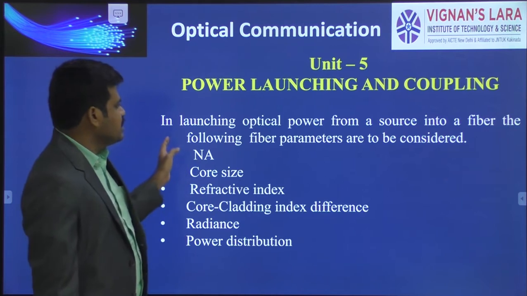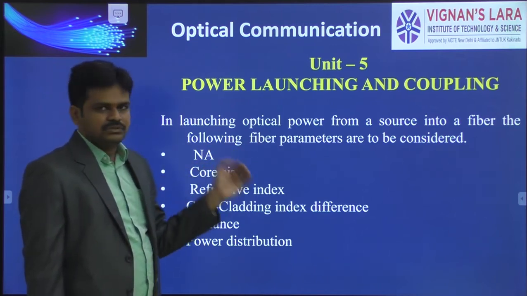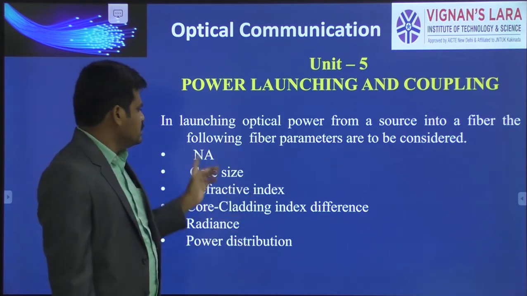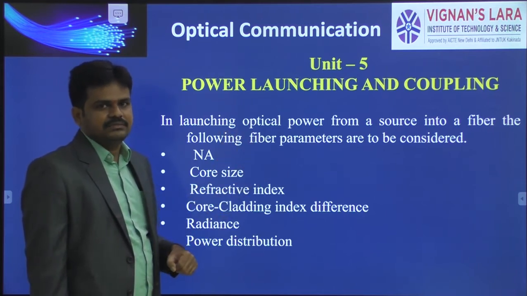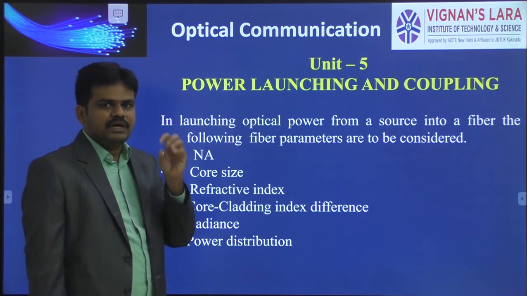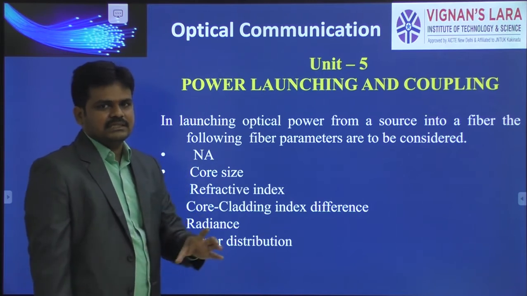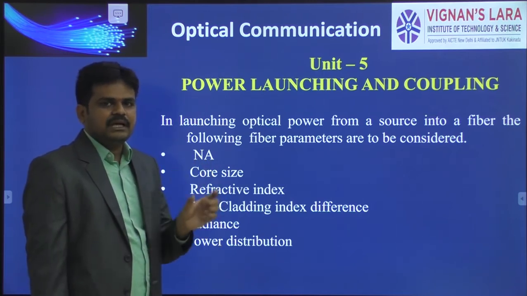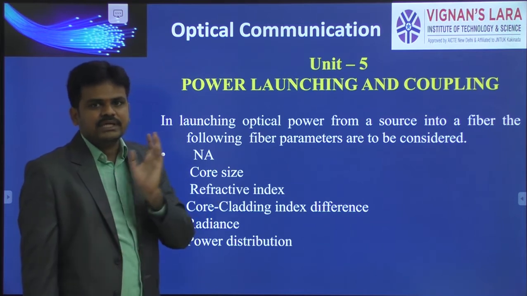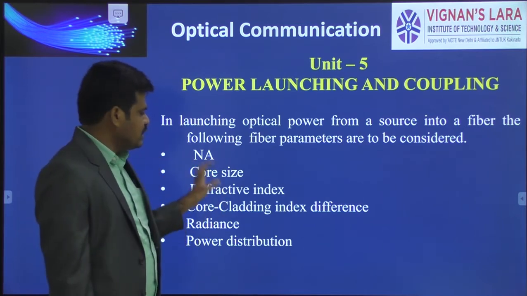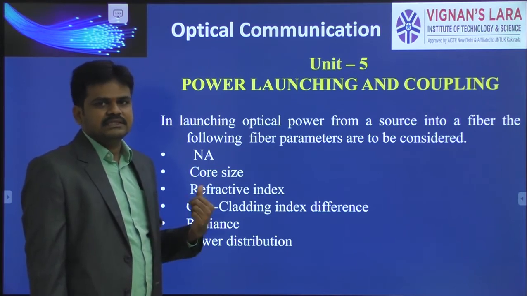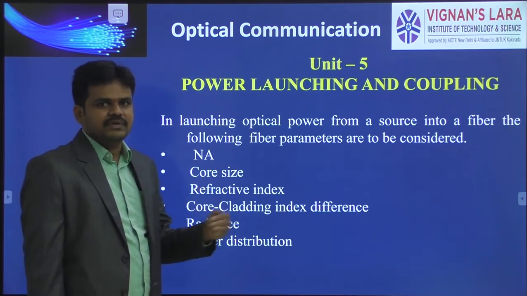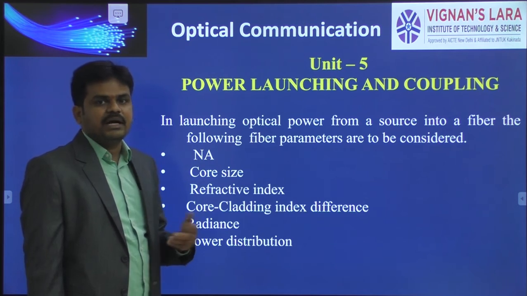In launching optical power from a source into a fiber, the following fiber parameters are to be considered. There are some fiber parameters which are to be considered when we couple an optical source with an optical fiber. What are those fiber parameters? In earlier sessions we have discussed the various optical fiber parameters.